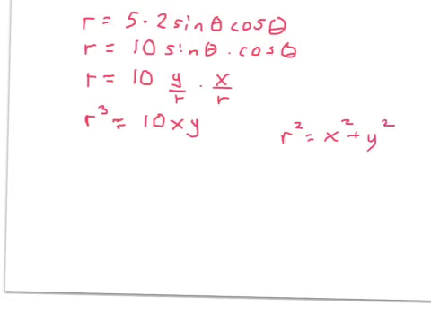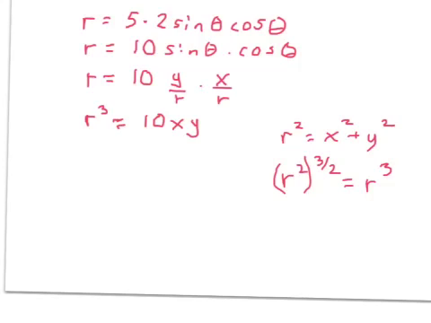I have r cubed. I don't want to introduce an r and think of that as r squared times r, because r would be a square root. So instead I'm going to think, r squared to what power is r cubed? And if I take r squared, using my properties, to the 3 halves power, I would get r cubed.